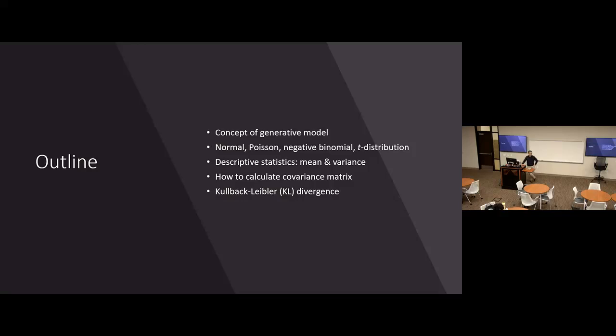Whichever field you are in, if you work in machine learning and want to compare two distributions, people use KL divergence a lot. So along those, we have some other small terminologies and concepts you have to know. So we will cover quite a lot, but it's a very general overview. All right.